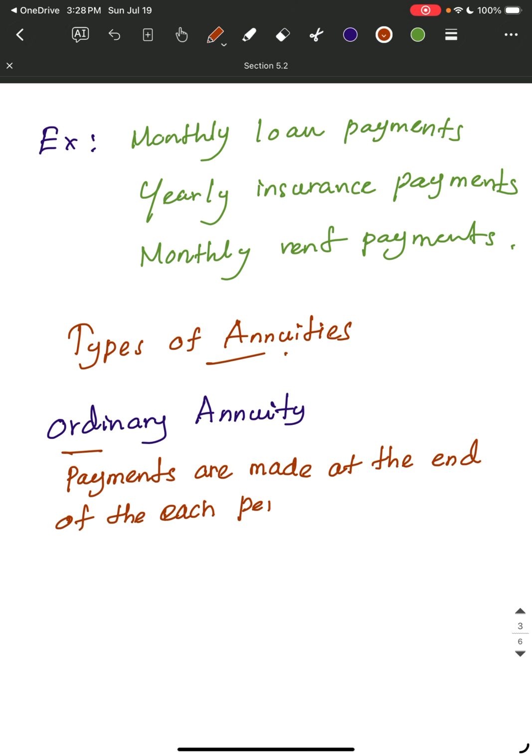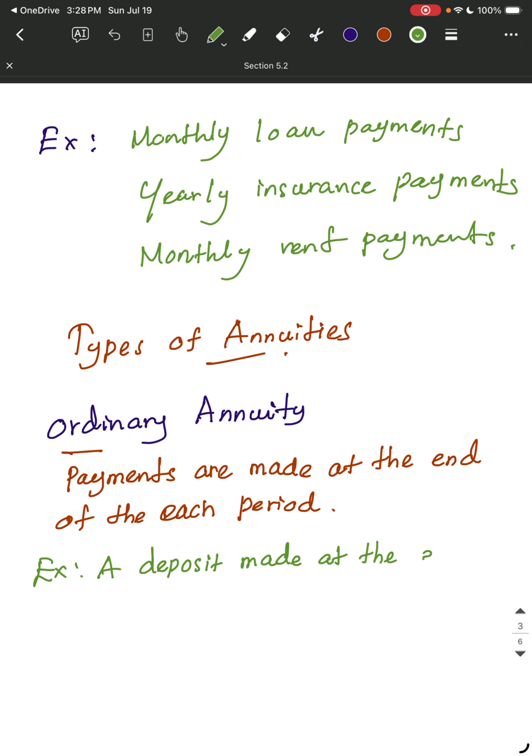A deposit made at the end of every month. A loan payment made at the end of every month.